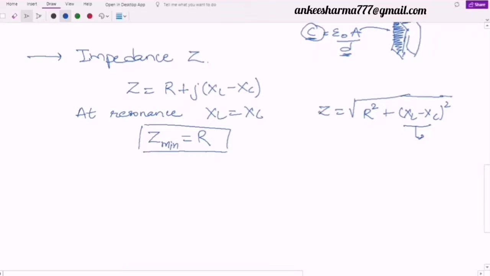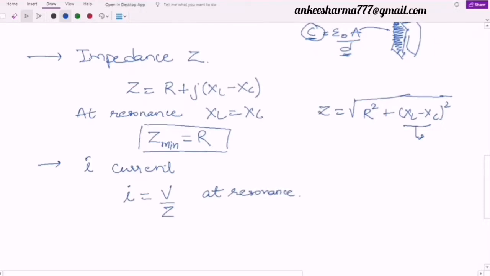Now, if I talk about this current I that is flowing, what is the value of I in terms of V and Z? It is simply V by Z. But at resonance, what is going to happen? V is the same.